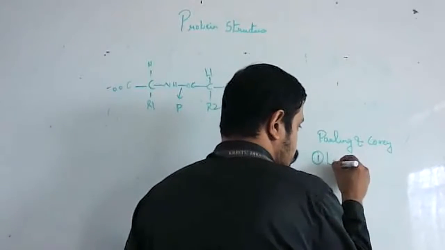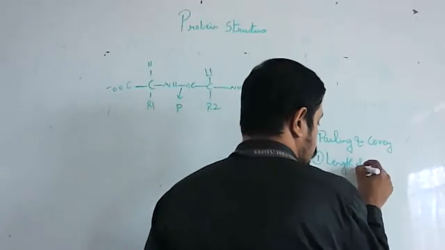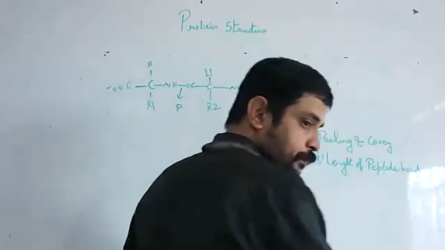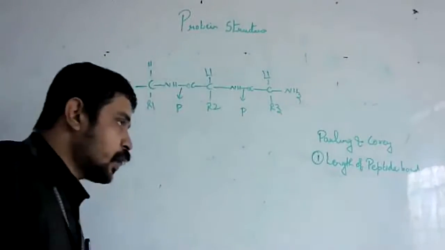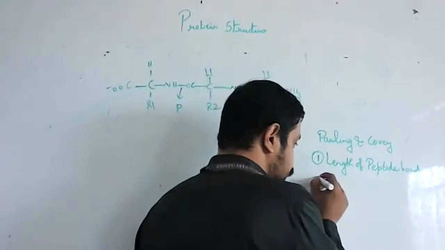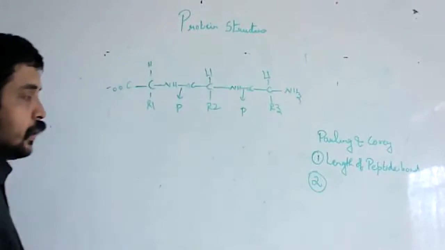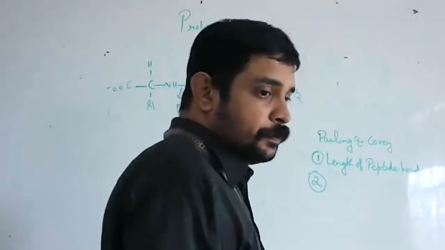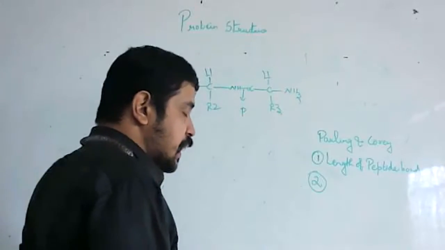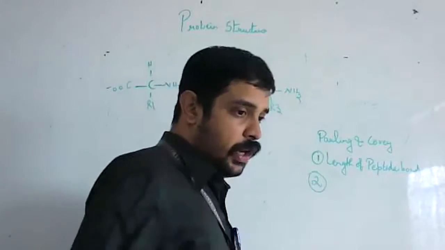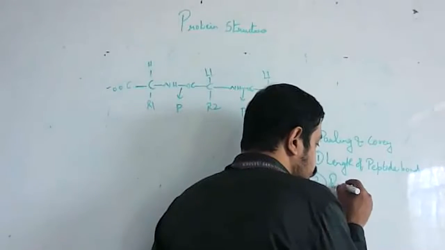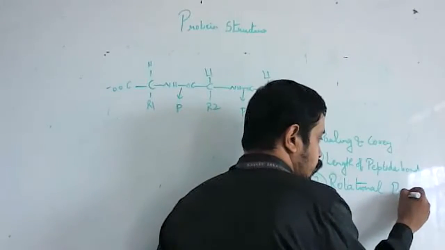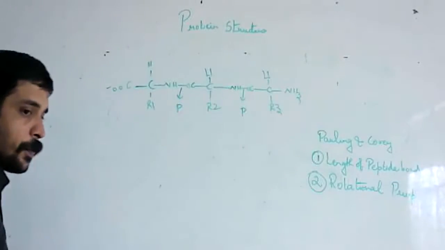That is the length of the peptide bond. The length of the peptide bond we discussed in the previous class itself. The second important discovery, as I told you in the previous class, by Pauling and Corey, is the rotational property.